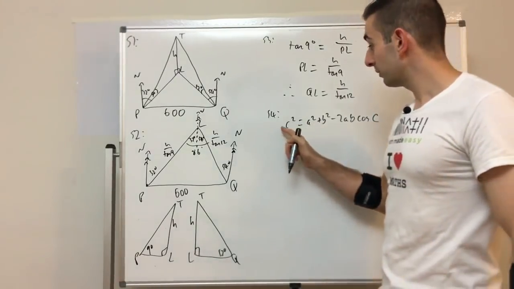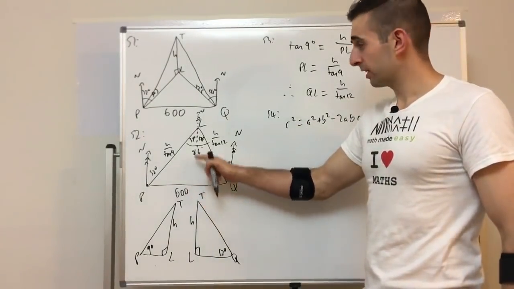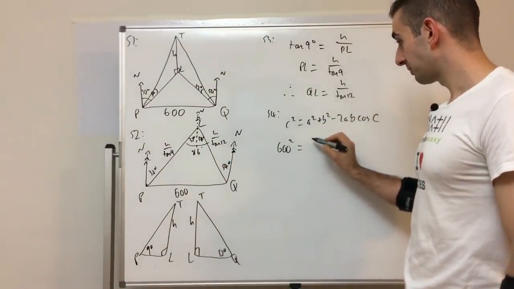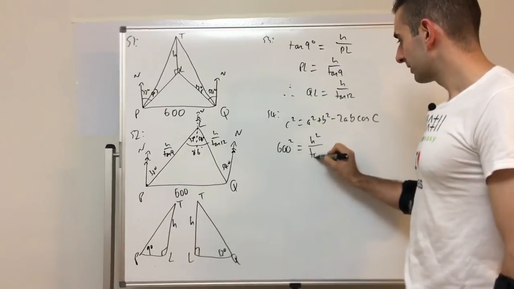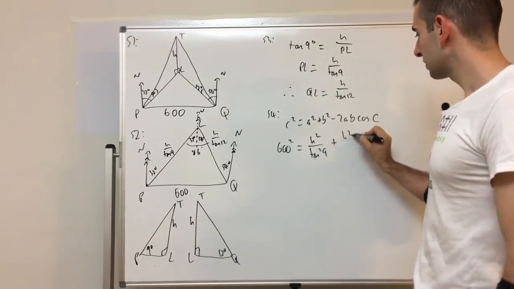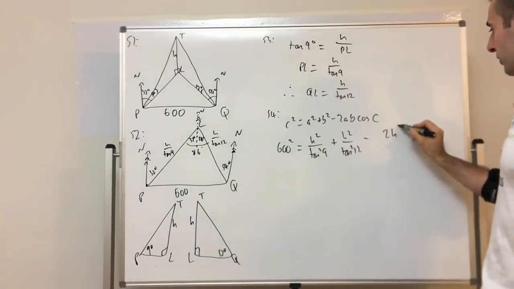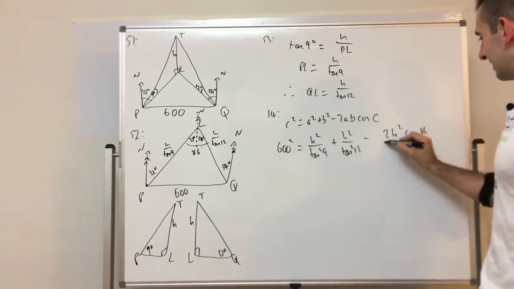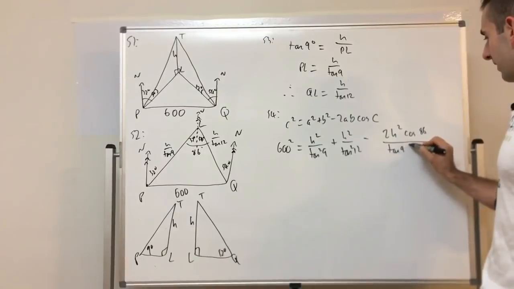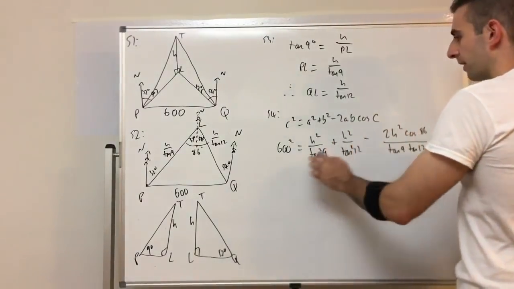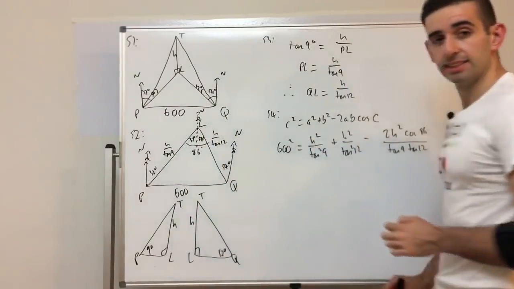So then if we plug it in with c being the side opposite the angle, you get 600 squared equals h squared on tan squared 9 plus h squared on tan squared 12 minus 2h squared cos 86 over tan 9 tan 12, just by timesing these sides together with cos 86.